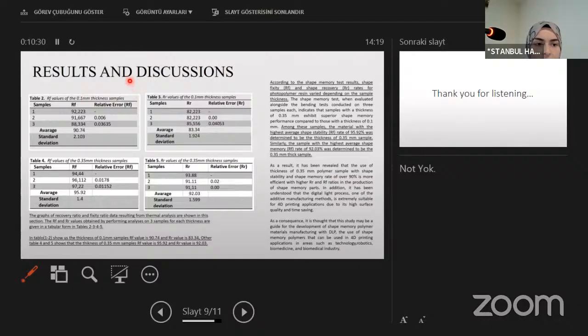Tables 2 and 3 show the samples with 0.1 millimeter thickness: the RF value is 9.74 and the RR value is nearly 18.3. The other tables show the 0.35 millimeter samples: the RF value is found to be 95 and the RR value is found to be 92.